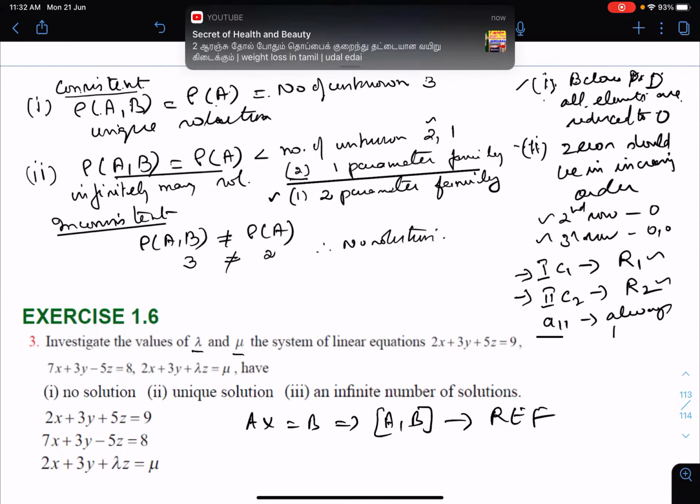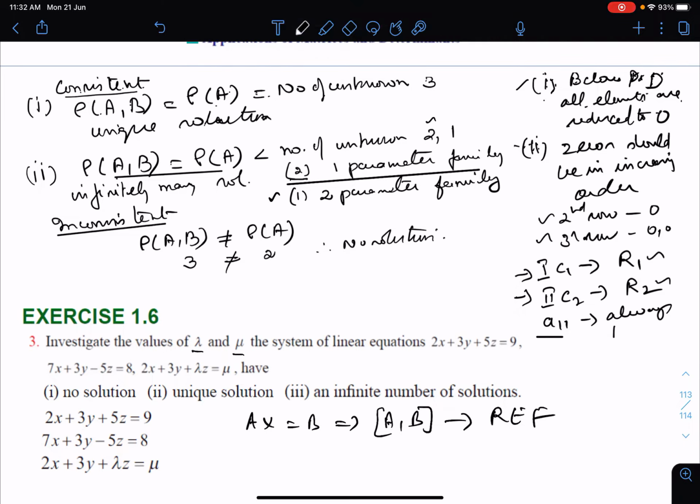And if rank of AB equals rank of A but is less than the number of unknowns, that is 2, it is consistent and has infinitely many solutions and it is called a one parameter family. And if it is less than 3, that is 1, it is again consistent and has an infinite number of solutions and it is called a two parameter family. And when is it inconsistent? When rank of AB is not equal to rank of A, then the system is said to be inconsistent and therefore has no solution.